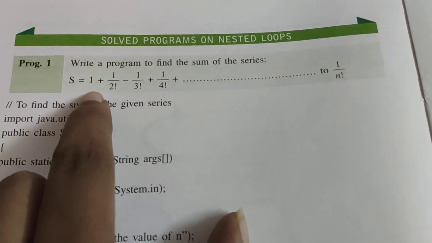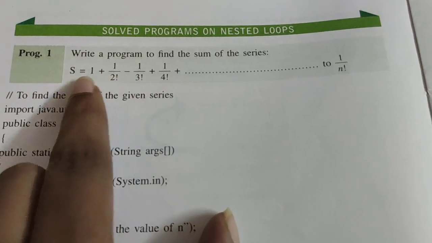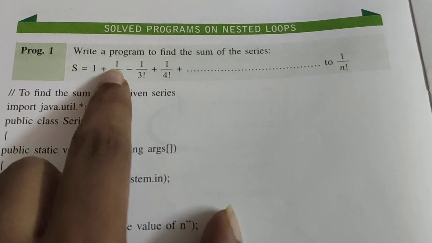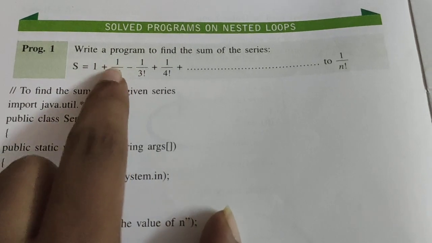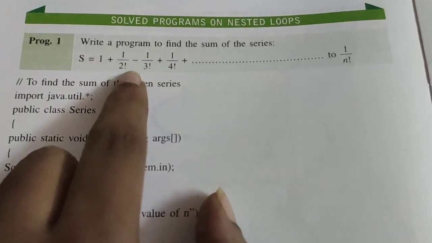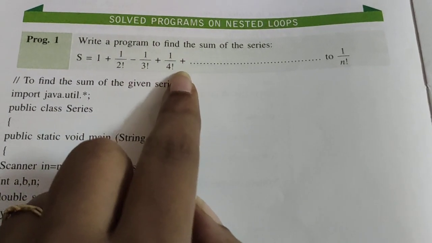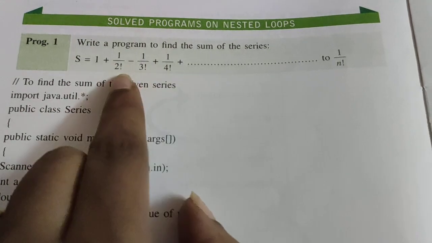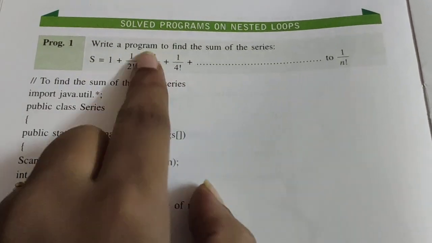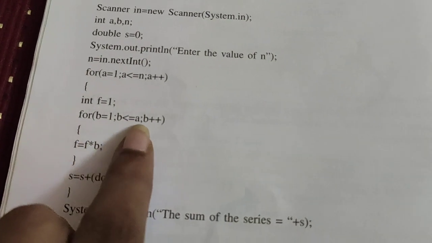So 1 by 1 factorial plus 1 by 2 factorial, that is for the second term. Second term is going to be 2 factorial, for the third term it is going to be 3 factorial, and for the fourth term it is 4 factorial. So it increases like that according to the term. That is the reason they have given a here.